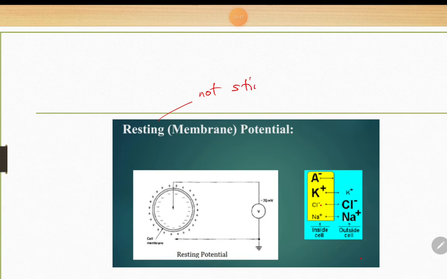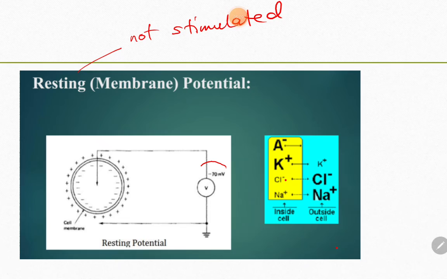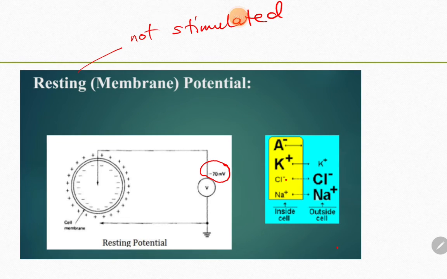Okay, sel ni ataupun neuron ni adalah dalam keadaan resting, dalam keadaan not stimulated. Okay, and then masa di dalam keadaan rehat ni, nilai bacaan the resting membrane potential is about negative 70 millivolt.